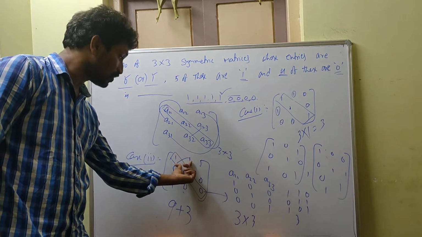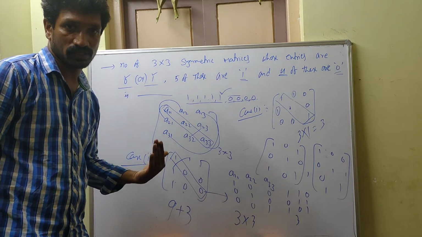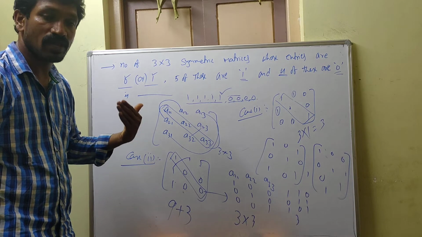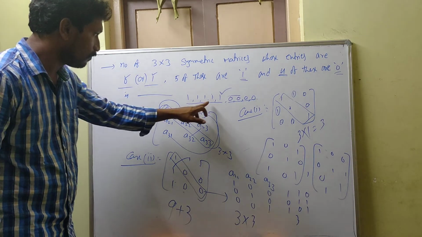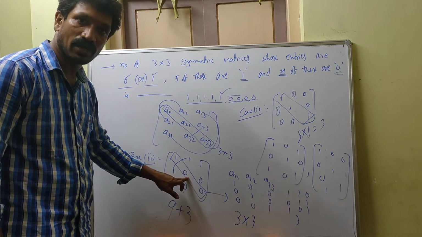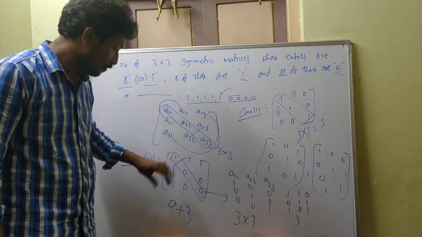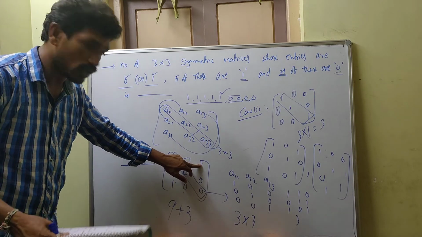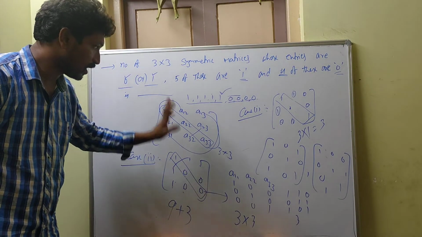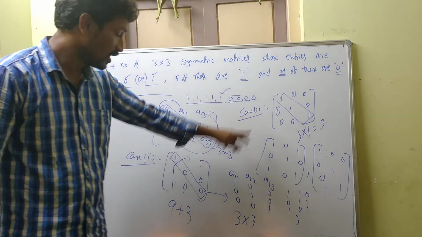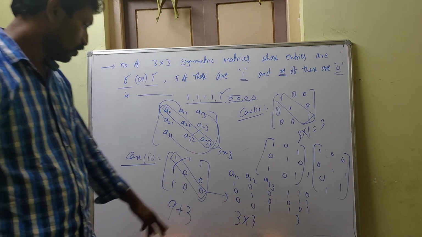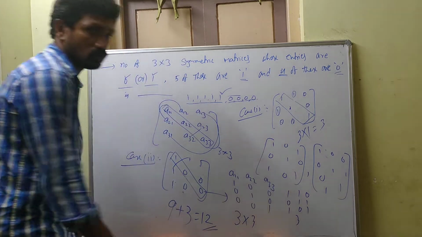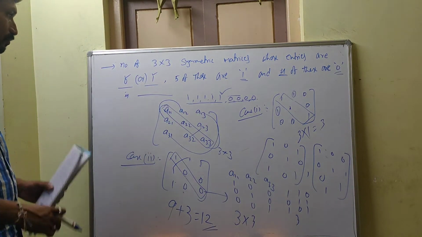In similar positions we should get even numbers, an even number of similar entries. If you fill 2 ones in the principal diagonal, 3 ones are left, and there are no more ones to fill this position. So the third case is also not possible. Only these are the 2 cases. So total 9 plus 3, that is equal to 12. 12 possibilities are there. Okay.